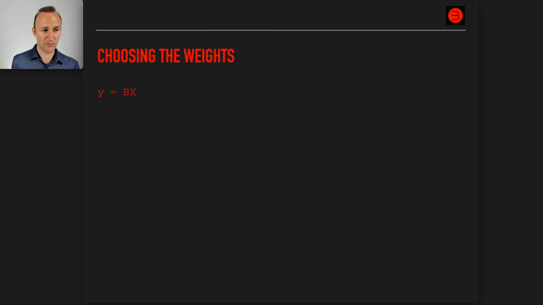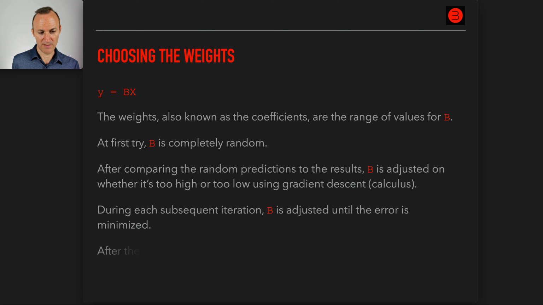It goes back and checks how well did this one do, and makes adjustments accordingly. You make it sound simple, right? Deep math there. During each subsequent iteration, b is adjusted until the error is minimized. So minimal error means maximal output. After the error has been minimized for b, the final model is selected.